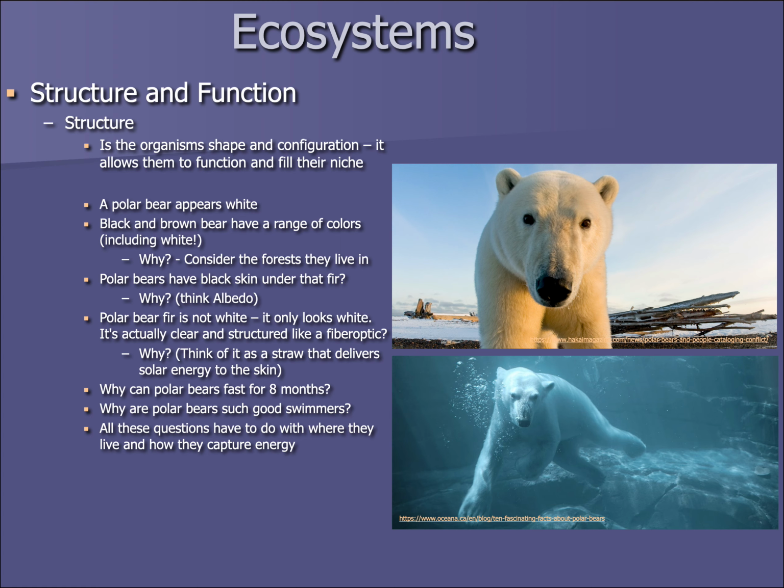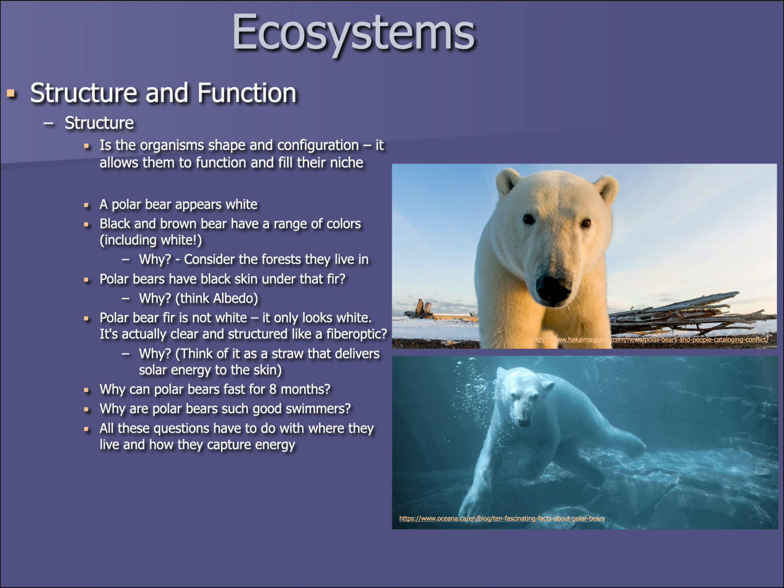I want to talk just a little bit more tightly about structure and how dynamic structure can be. And I want to use the example of polar bears. A lot of times when people are talking about the structure of an organism, they see something like, oh, that bear is black or that bear is brown because it can hide in the woods, and that affords it the opportunity to stalk its prey successfully through camouflage.